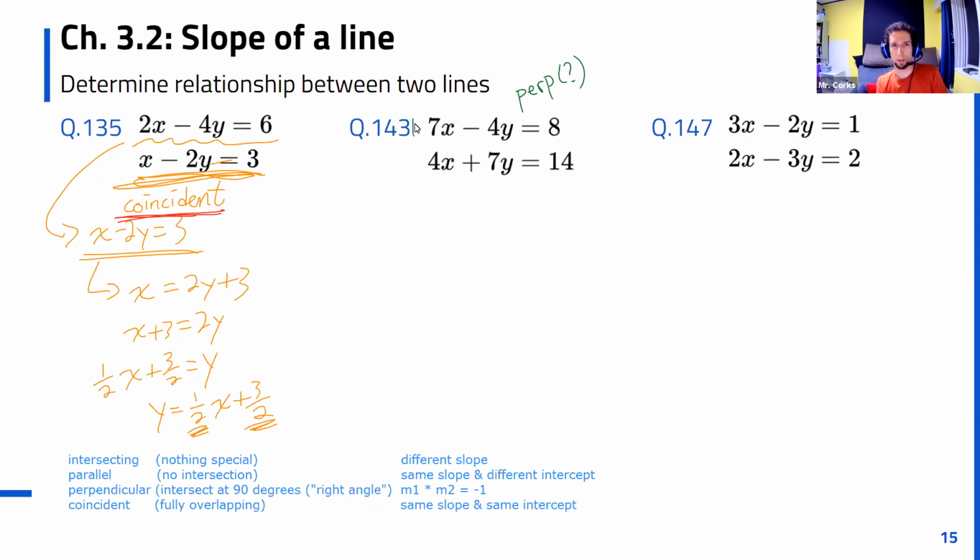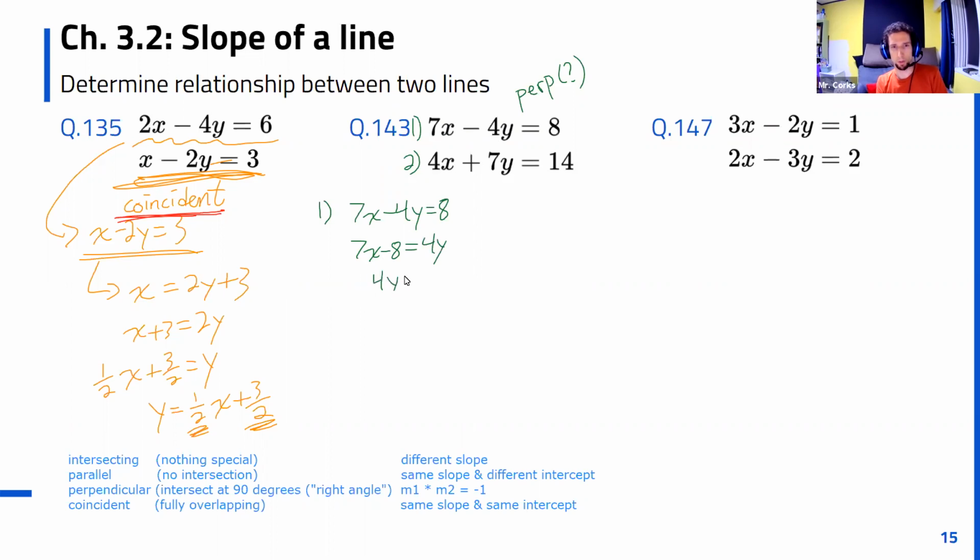Okay, so I'm going to label these equation 1 and equation 2. For equation 1, we want this in slope intercept form. So just some algebra rearranging here. 7x minus 4y equals 8. A little faster than what I did on the other side. We're going to get 7x minus 8 is equal to 4y.